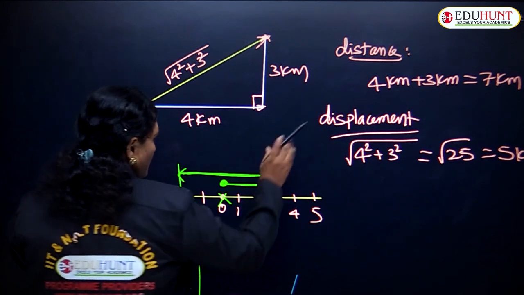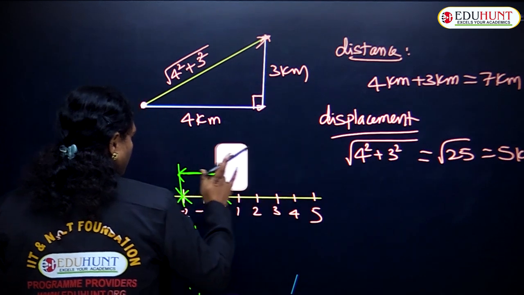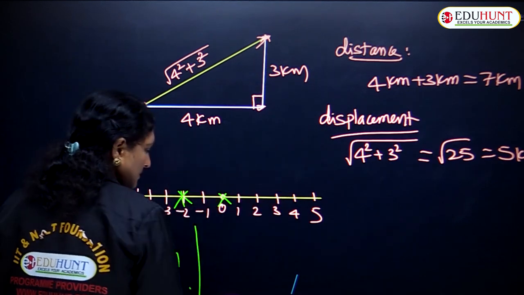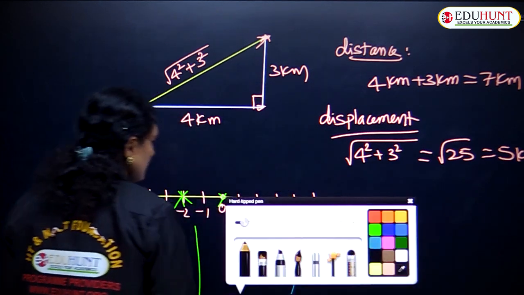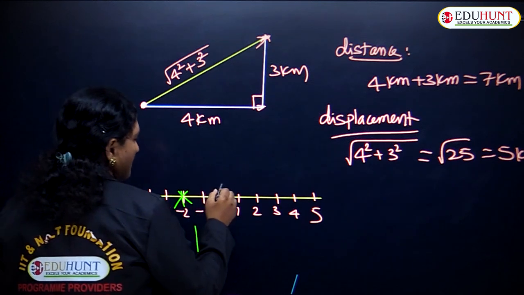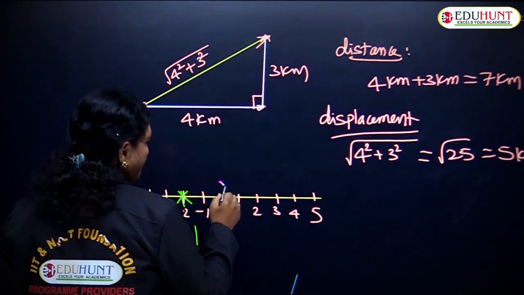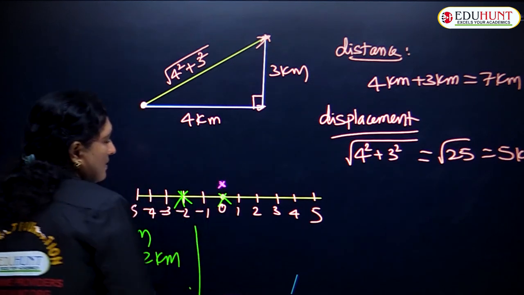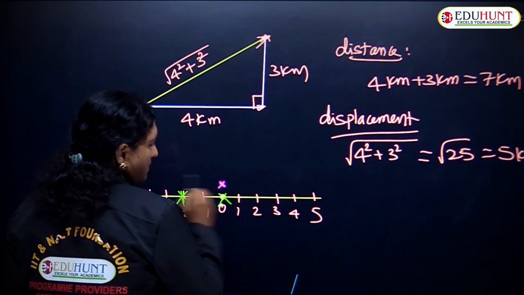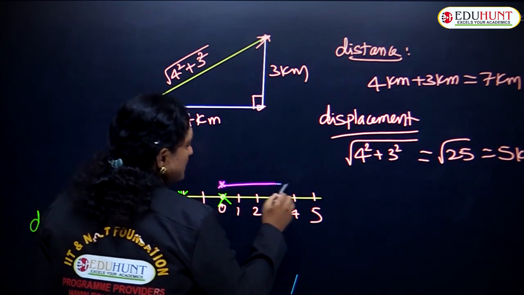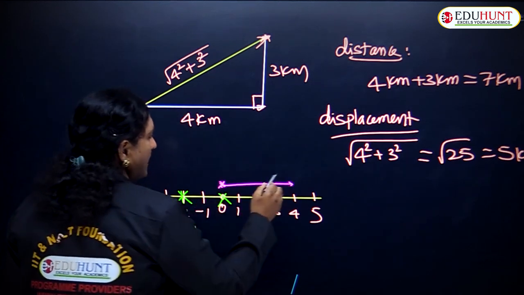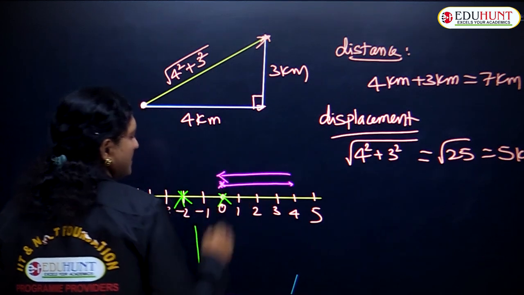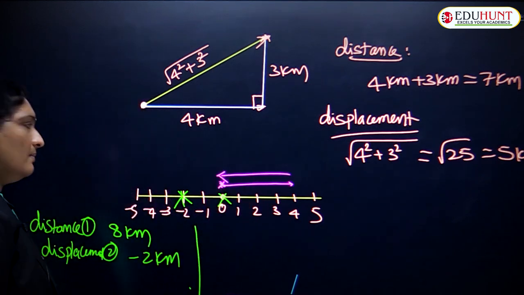Example 2, if you consider, let us suppose that a person has started his journey from the origin and has moved a distance of 4 kilometers and again reached back to the initial position.